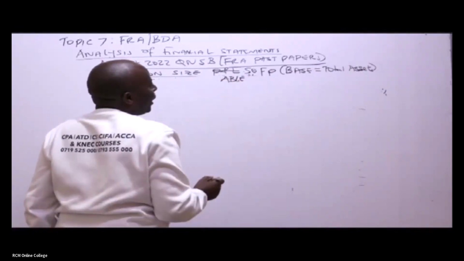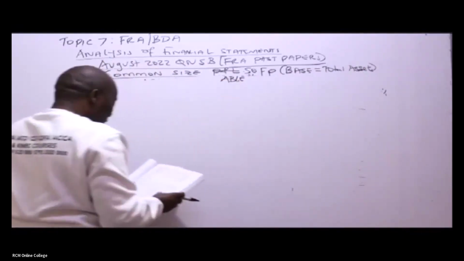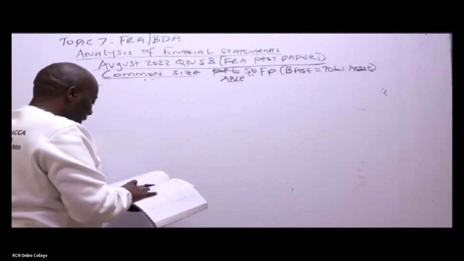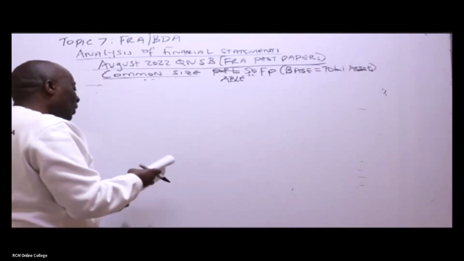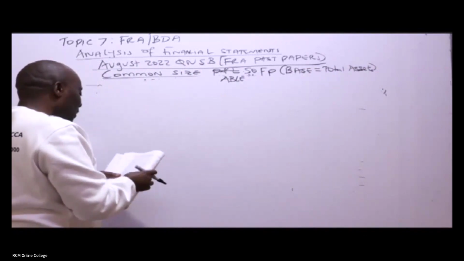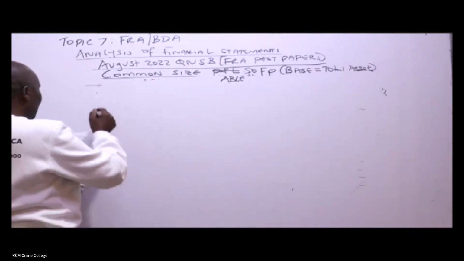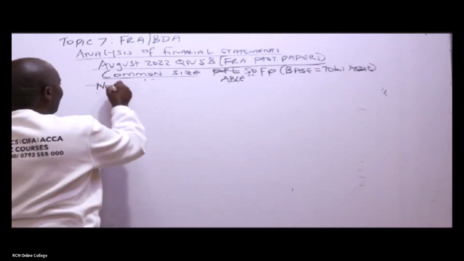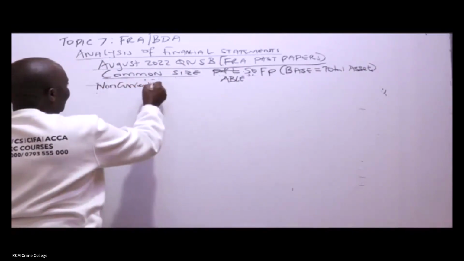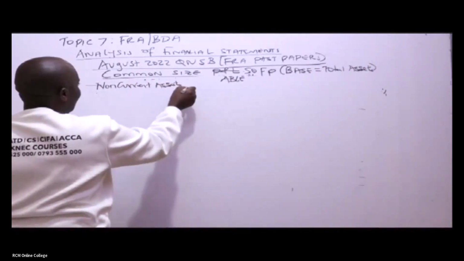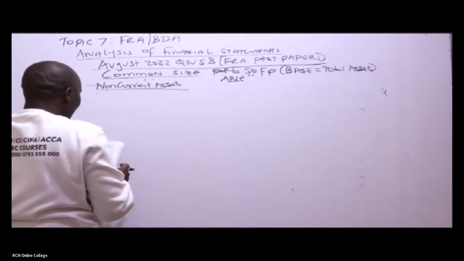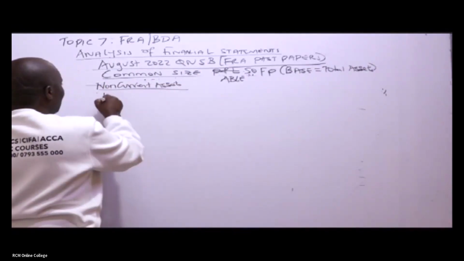So Able, we have our statement of financial position. It's given there. For Able Limited, is there somebody who is able to see the total assets? So we have non-current assets. Non-current assets, ladies and gentlemen, I can see property.